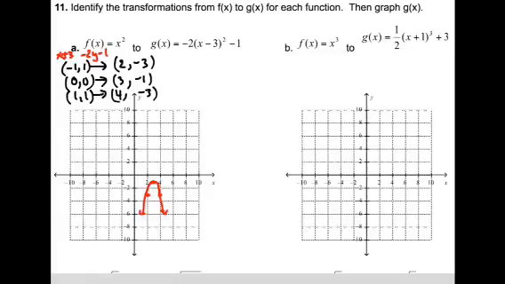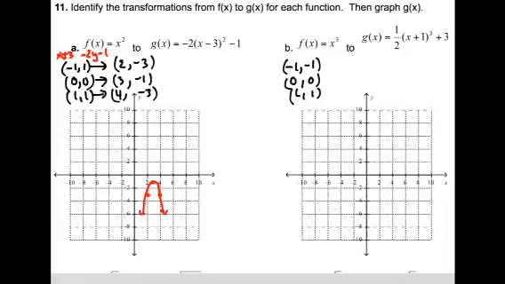For letter B, the transformations are that there's a vertical compression by a factor of 1/2. It's translated to the left 1 unit and up 3 units. So the reference points for a cube function are -1, -1, 0, 0, 1, 1.